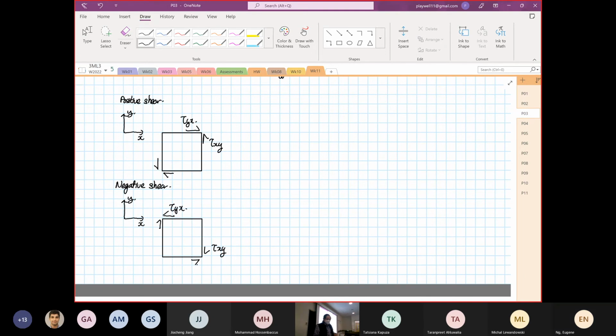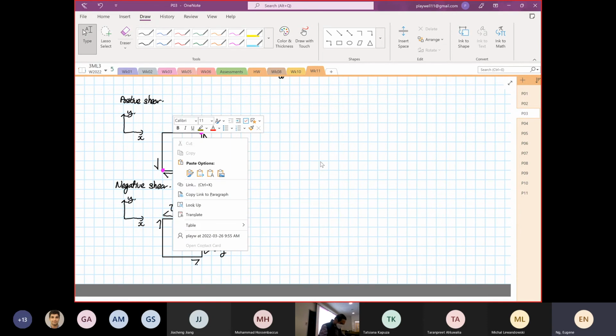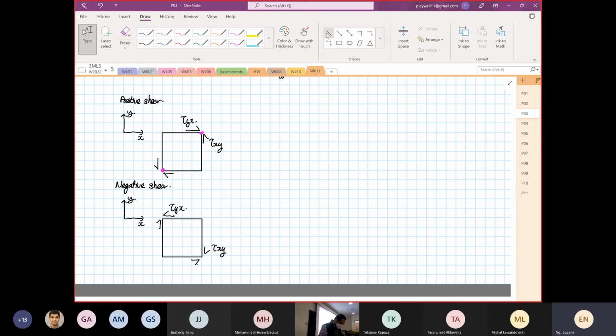Now, if we were to stretch both ends, I'm going to highlight in pink. If we stretch these two points, it looks like this. So this is the deformation pattern.